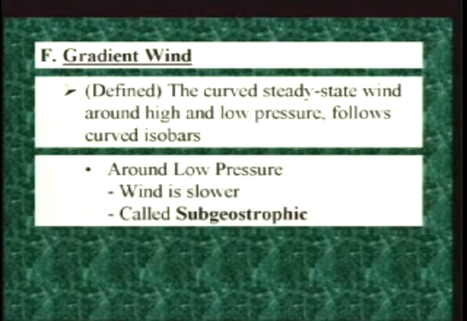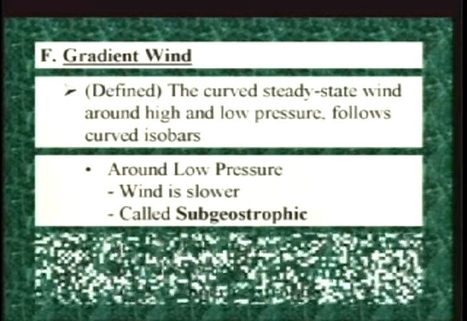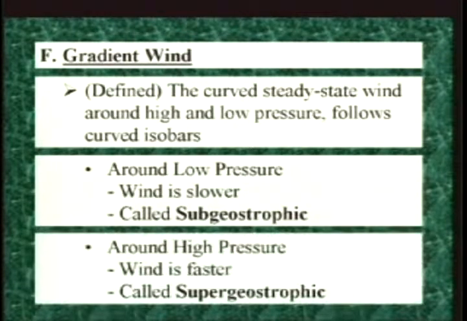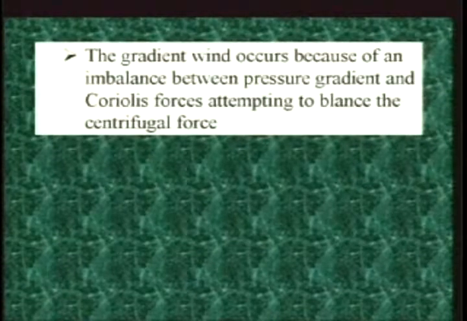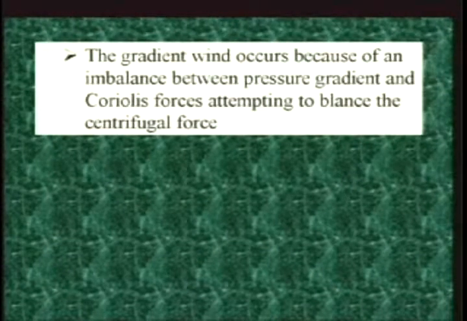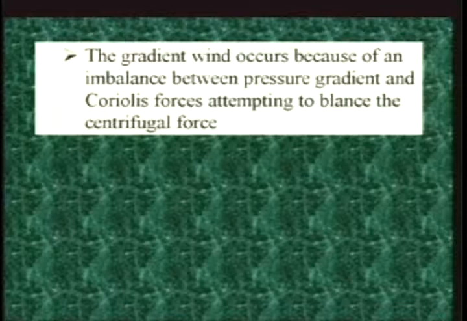Around low pressure, the wind will tend to be slower. This is called subgeostrophic. Around high pressure, the wind will tend to be faster. This is called supergeostrophic.